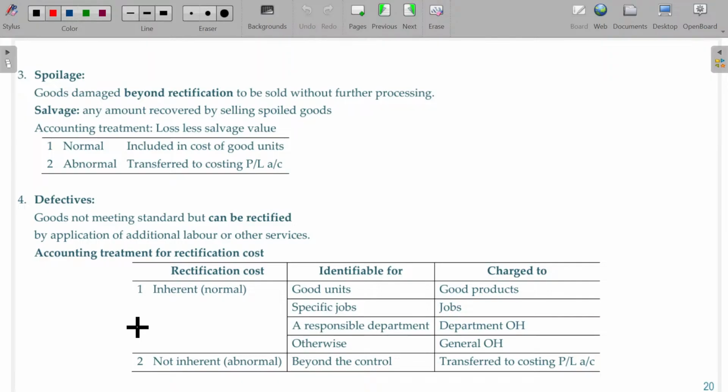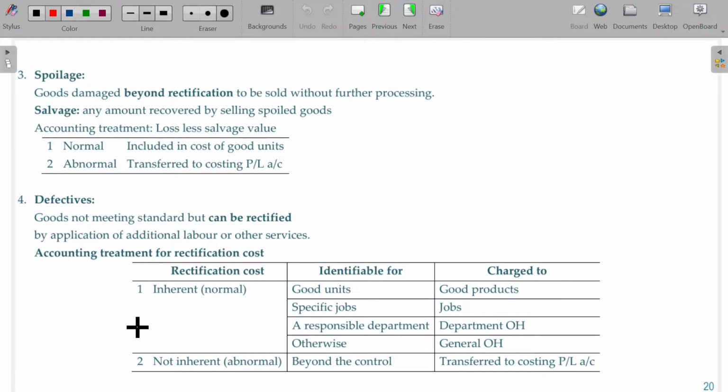If you prepare tea and the sugar seems to be very less or very high, what will you do? In case the sugar is very high, add some extra milk, right? Yes or no? Then it becomes tea again. But if, instead of sugar, you dropped salt, what happens then? Spoilage.